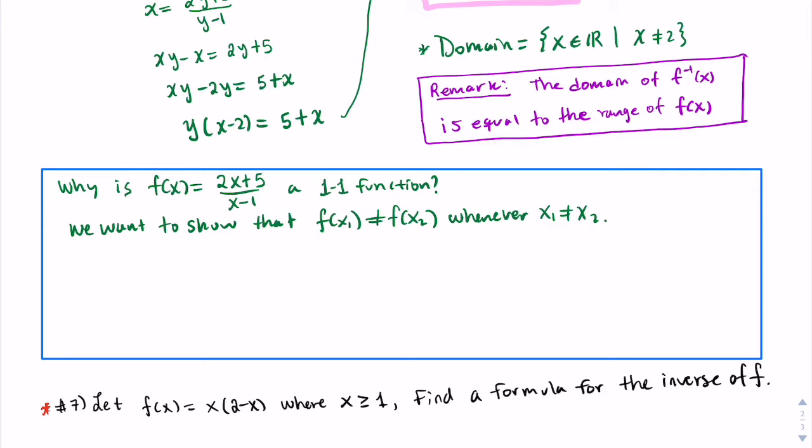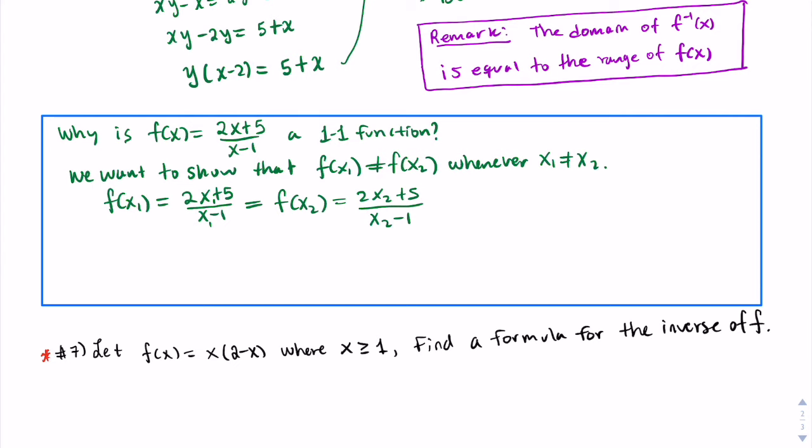And what is f of x1? f of x1 is equal to 2x1 plus 5 over x1 minus 1. Let's make this equal to f of x2, which will be 2x2 plus 5 over x2 minus 1. So we start off with that.